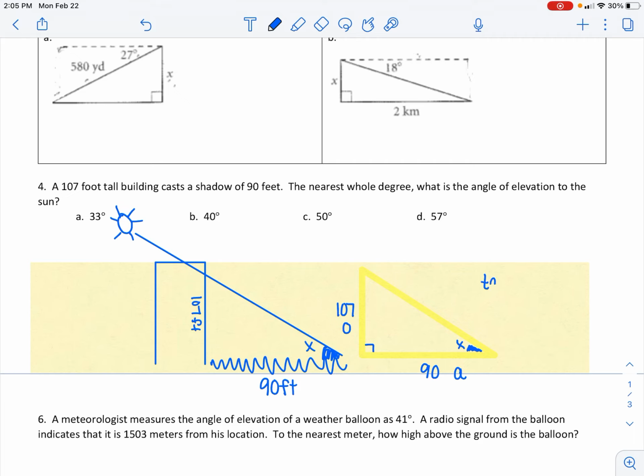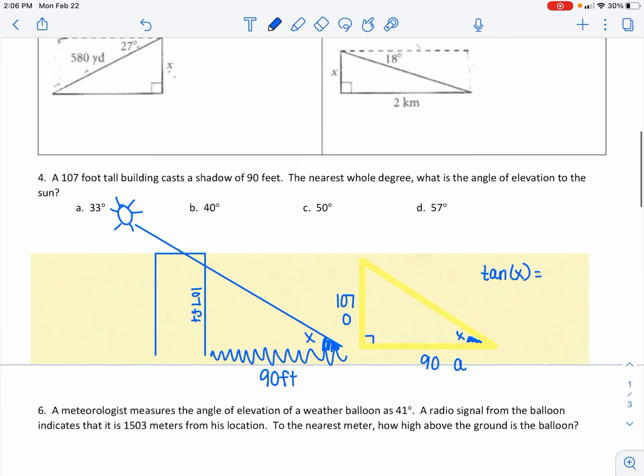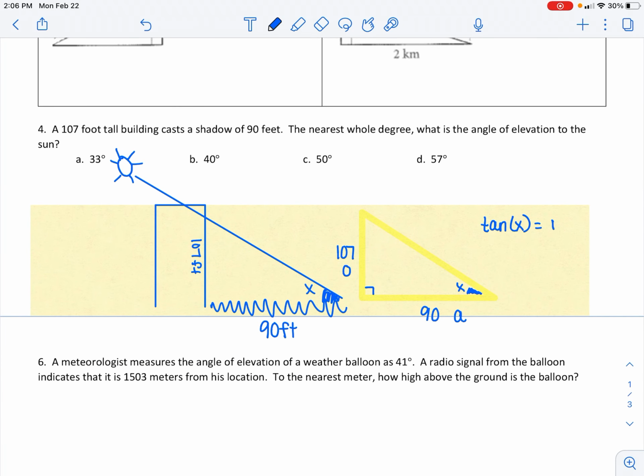So I'm going to say the tangent of x is equal to opposite over adjacent. Now, anytime we're trying to find an angle measure like this, we have to use what we call the inverse function. So we're going to say the inverse tangent of 107 over 90.